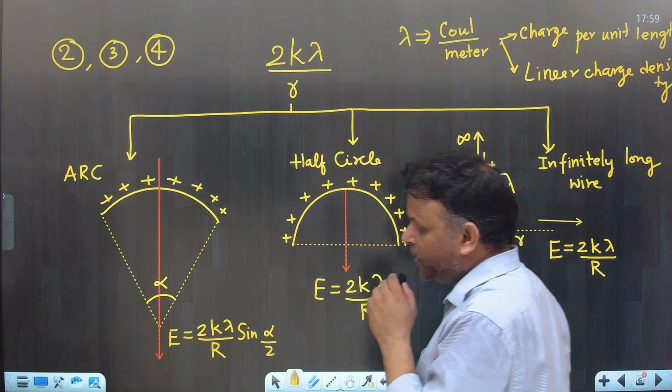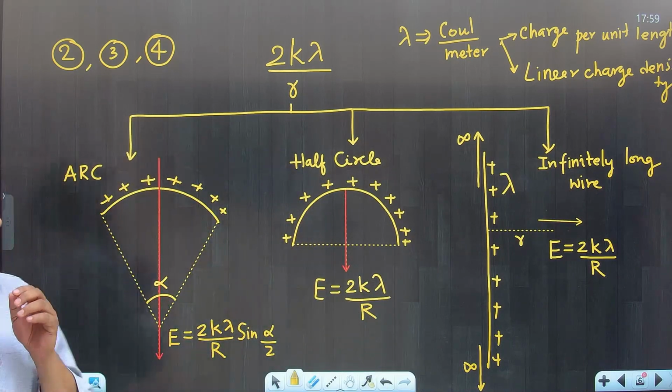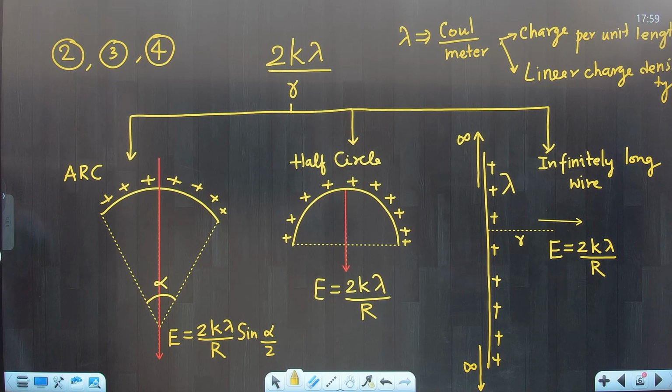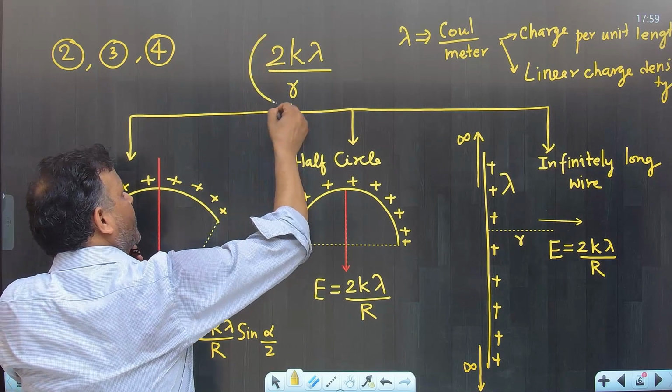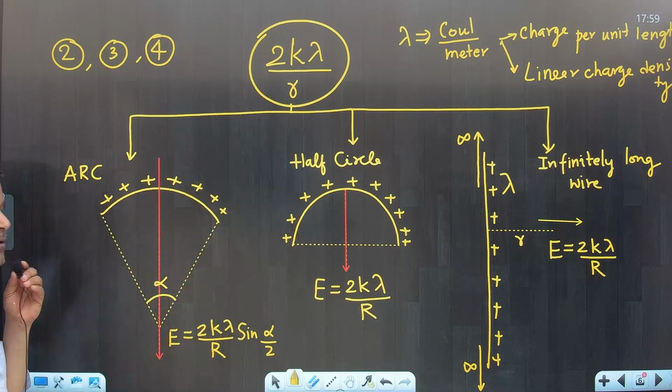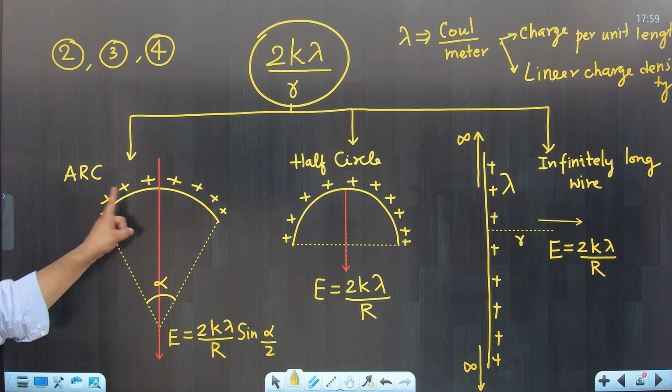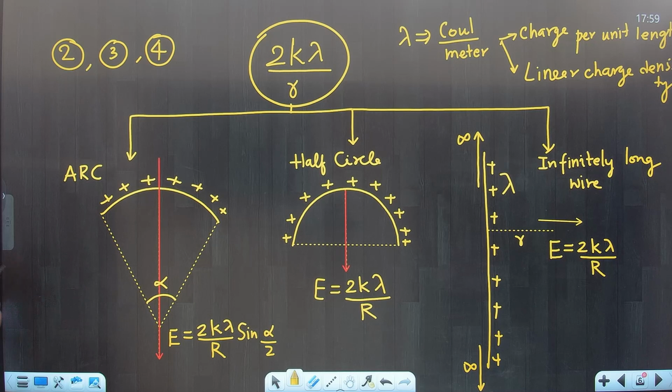See, there are 3 figures, right? And there are 3 things here, numbers 2, 3, 4. This 2k lambda by r is very important. This term comes at 3 places. First is a charged arc. We have to find the electric field at the center.